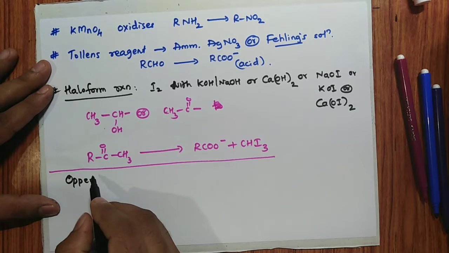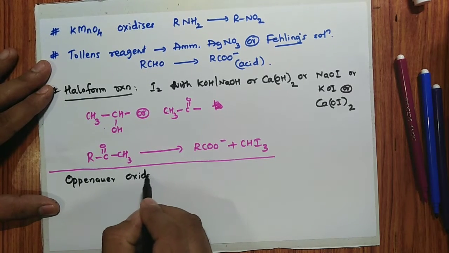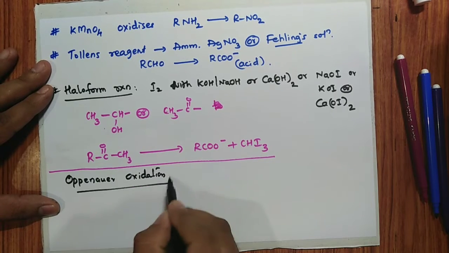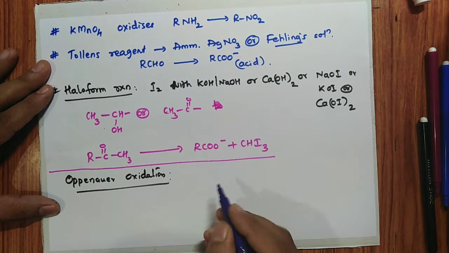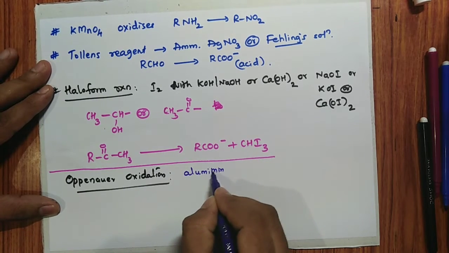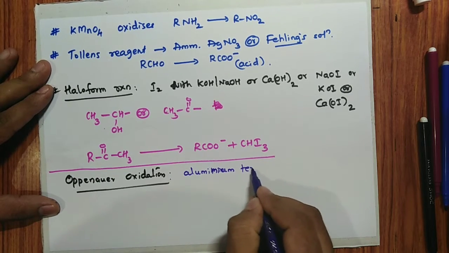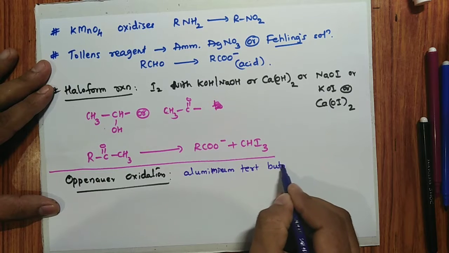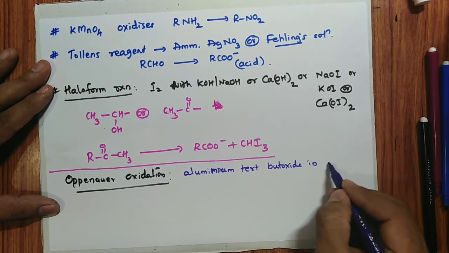So open your oxidation. What is the reagent? Remember, the reagent is aluminium tertiary butoxide with, remember, acetone.